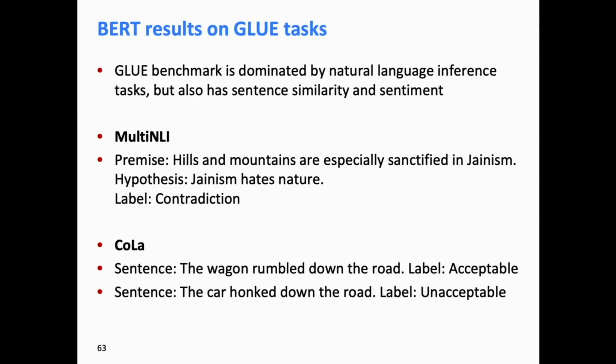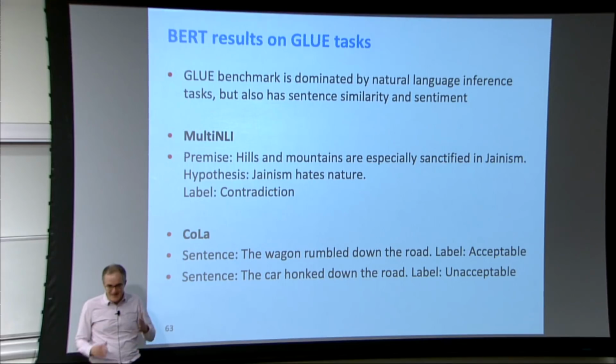One of the main things they tested on was this GLUE data set, which has a whole bunch of tasks. A lot of the tasks there are natural language inference tasks. And I've kept saying that phrase all this lecture, but I haven't really defined it.